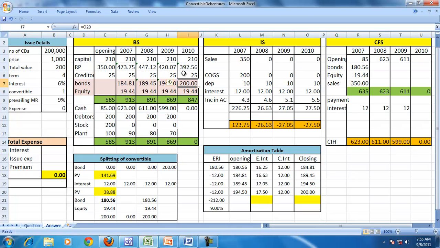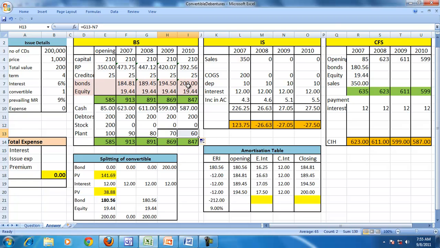Creditor, no change. Only the change is the interest. So the cash in hand 587, no change in the debtor, no change in the stock. The value of the plant reduces by 10 million, so 847.